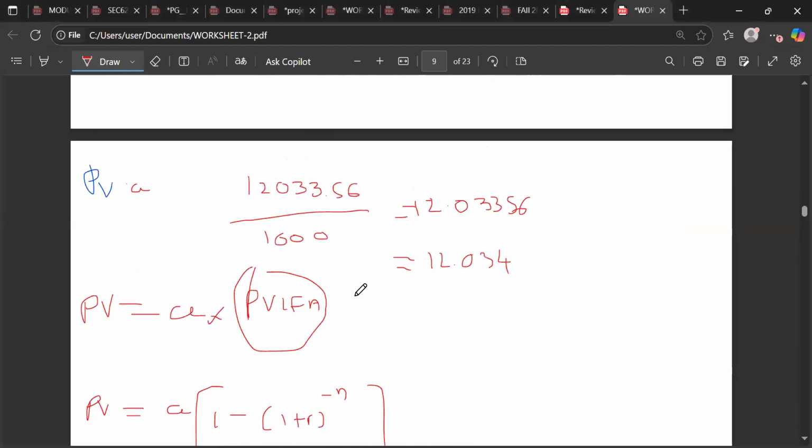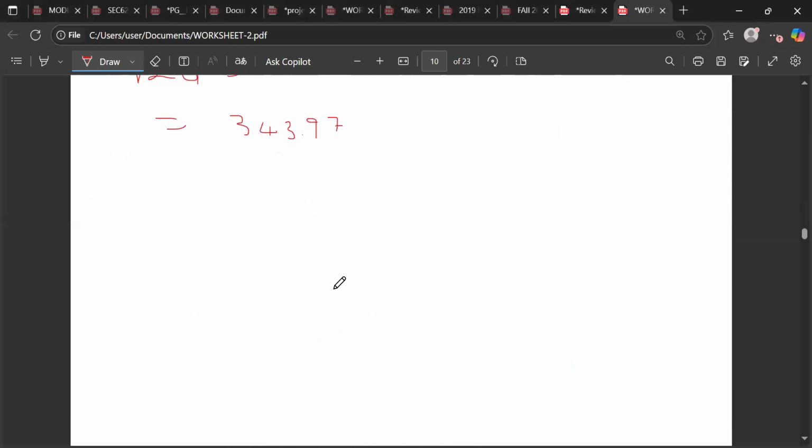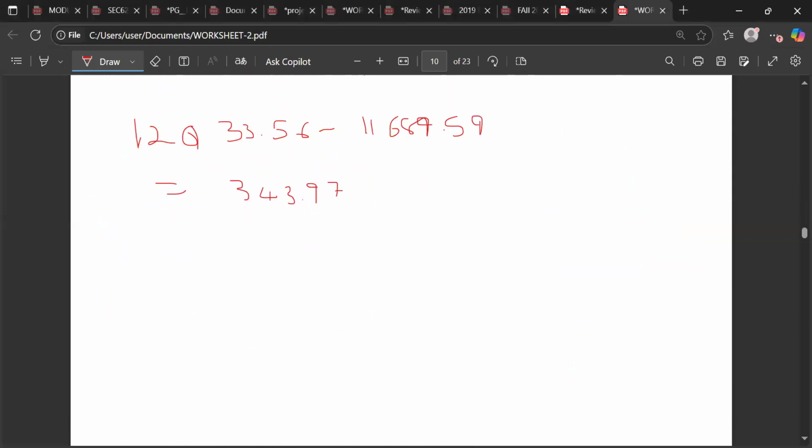So now, what are we doing here in this case? I'm now saying this amount we found, 343.97, we're going to multiply it by the compounding factor, which is 1.05 to the power 18 years, to find how much it's worth in year 19. So 343.97 times 1.05 to the power 18.